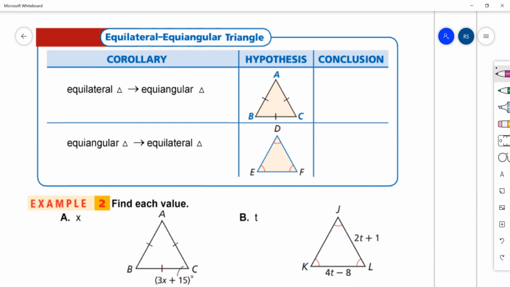So they tell us all the sides are the same, so that means all of our angles are the same. Angle A is congruent to angle B, which is congruent to angle C, and they all equal 60 degrees.